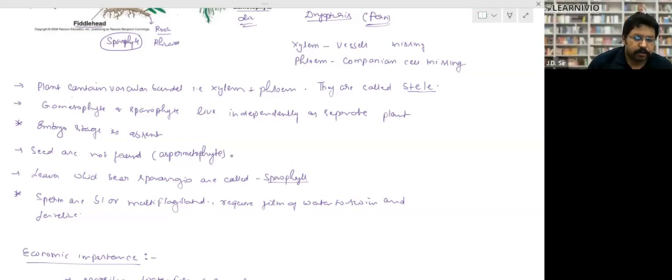So full stop. Fruits and flower are absent. Next point. Fruits and flower are not found. Okay.